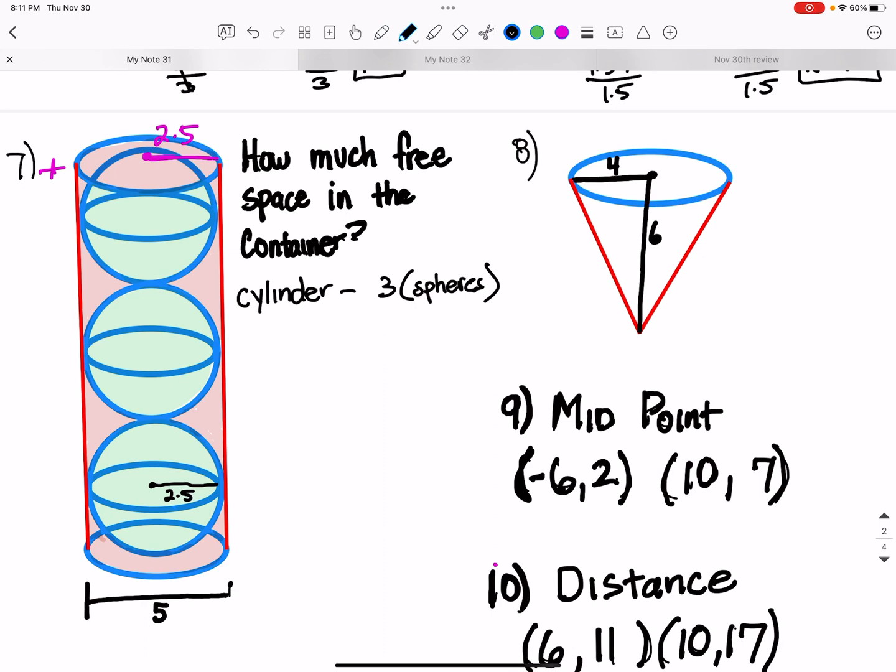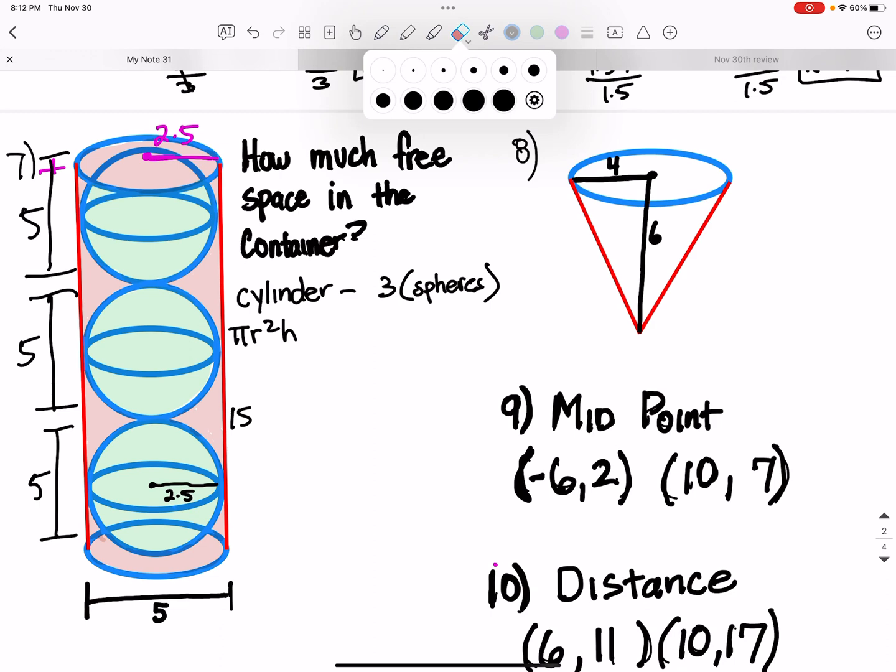So let's find the cylinder. The cylinder is pi r squared times height. If that's 5 across, then this is 5, then this is 5, because spheres are perfectly as wide as they are tall. So the whole thing is 15 tall. Okay, so the height is 15.